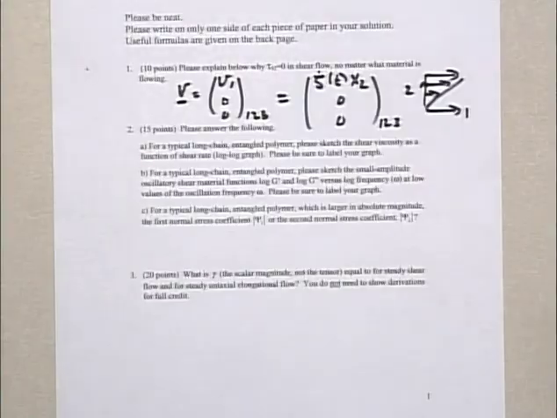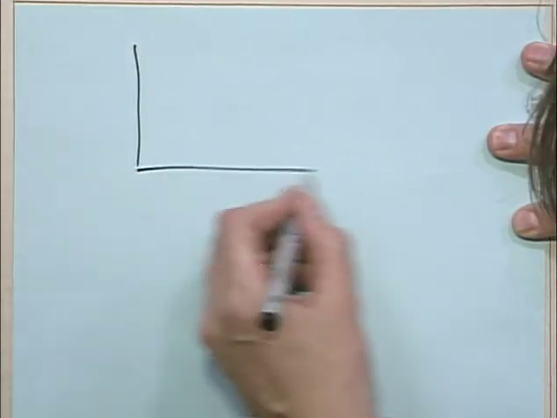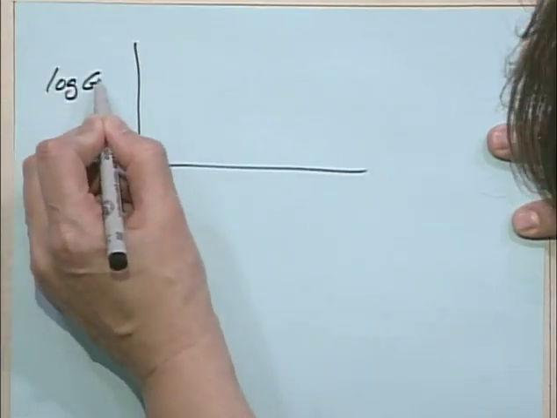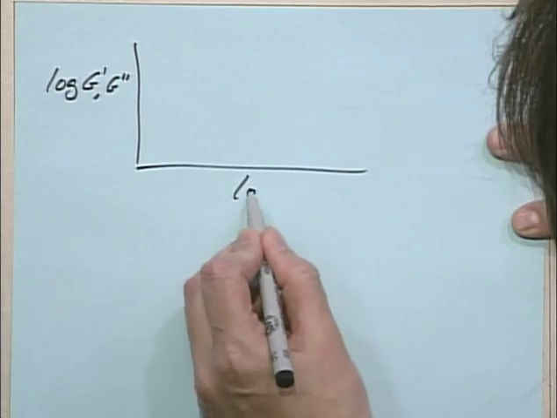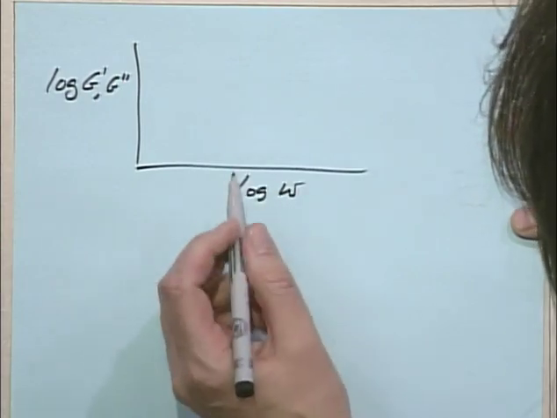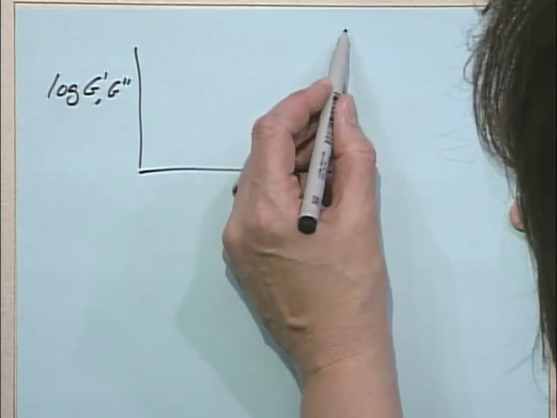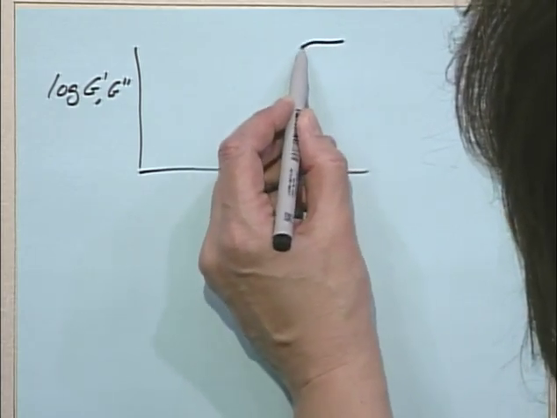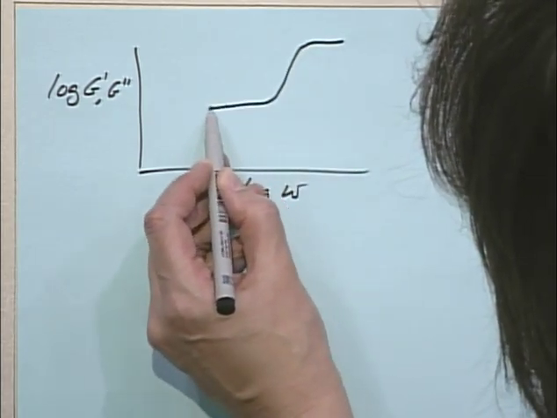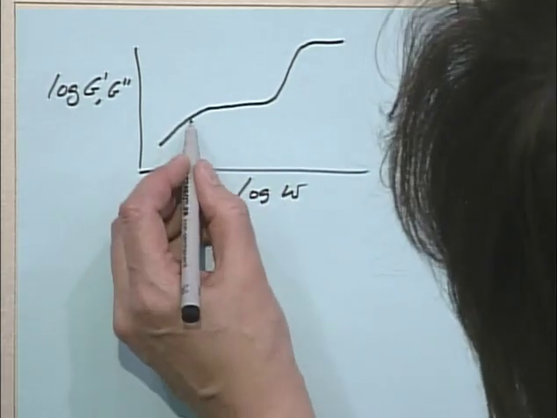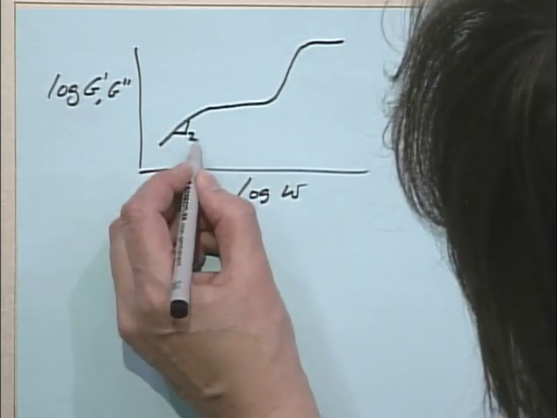50-50 chance. Yes, you're right, Carl. It's in the terminal zone. So again, I would want you to label log G prime, G double prime versus log frequency. I don't know how you're going to remember this per se, but we looked at the whole curve, which was a plateau, a TG, a plateau, and a slope. This, for G prime, is a slope of 2.